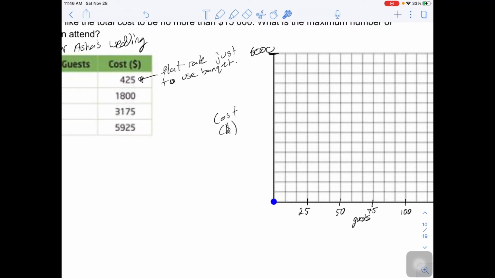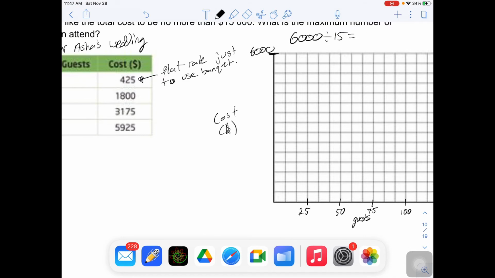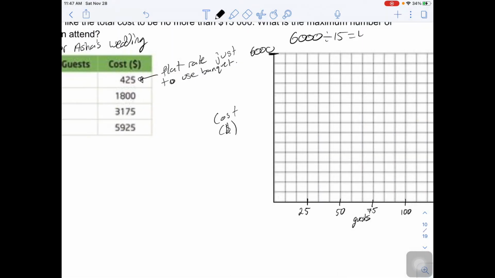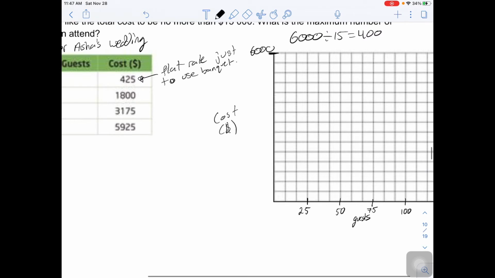So count from 0 how many ticks are in between to 6,000. 1, 2, 3, 4, 5, 6, 7, 8, 9, 10, 11, 12, 13, 14. Count it again: 1 through 15. So I'm going to divide 6,000 into 15 equal parts, and that will be each tick. That's 400. So each tick is going to be 400, and that's going to work really nicely.